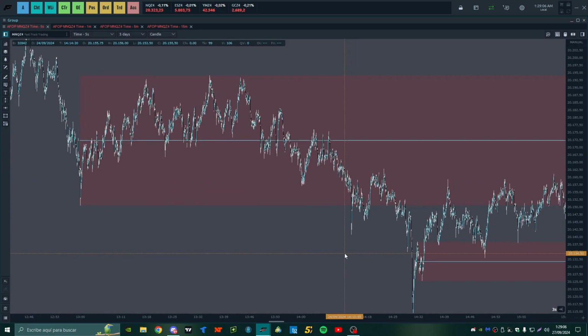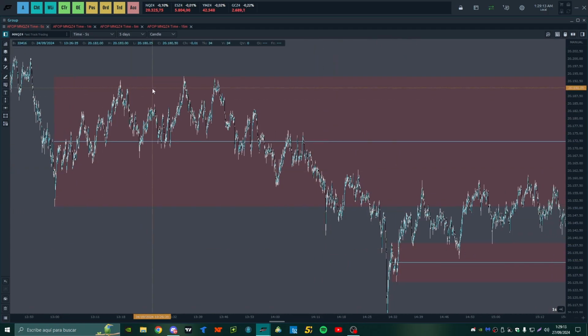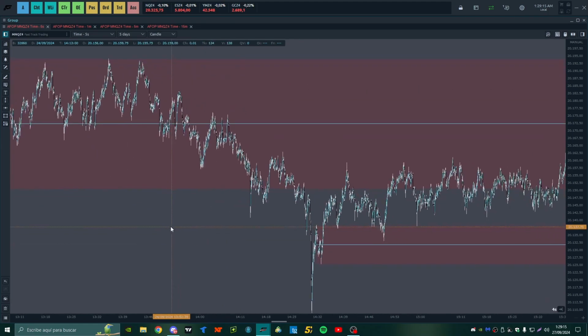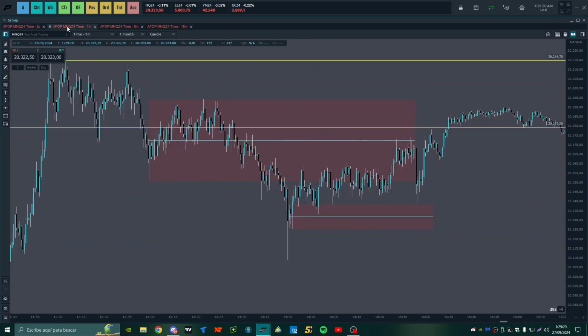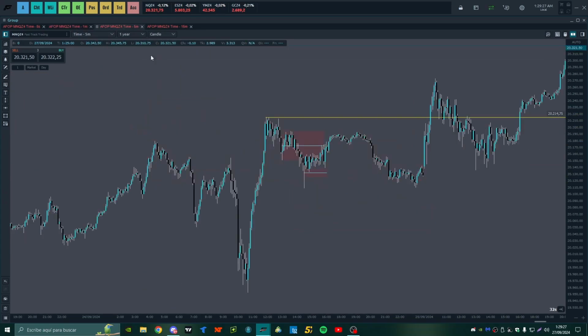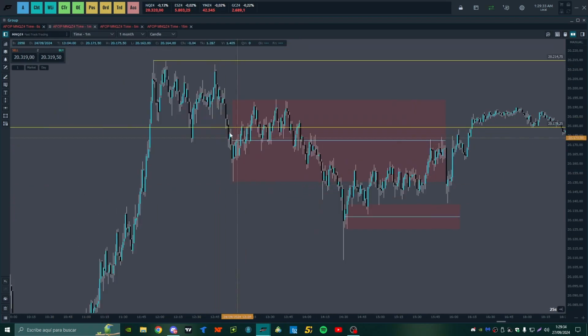Why this area? Due to fractality, I know that there are multiple 5-second areas here. It's just that from 5 seconds, I already see what's in other time frames. But for those who are learning, you can zoom out and look from higher time frames. Look, in 5 minutes the area looks super clean. In 1 minute, you still have to apply some fractality to not get lost. But in a simple way, what do I see?